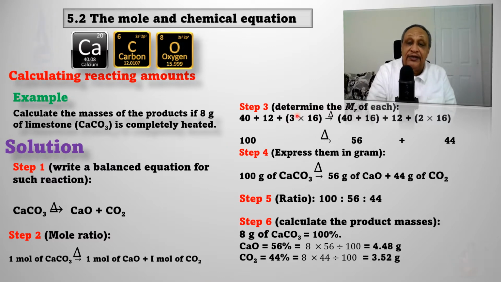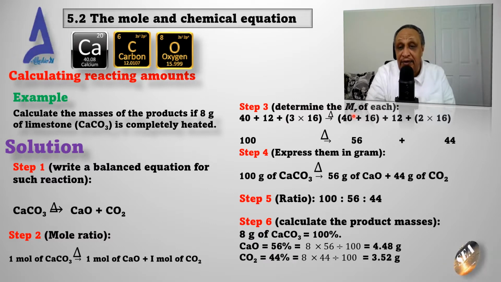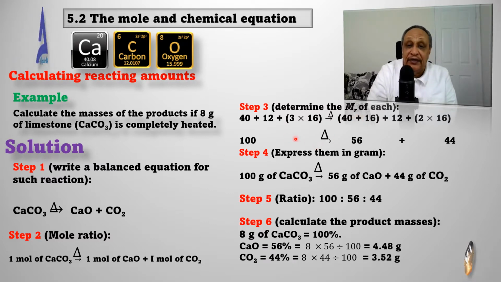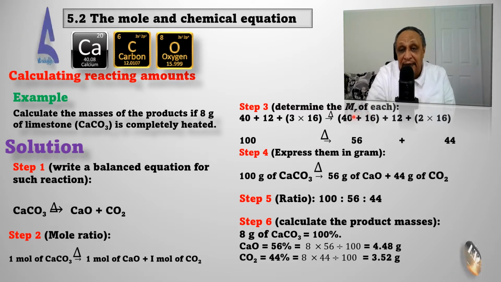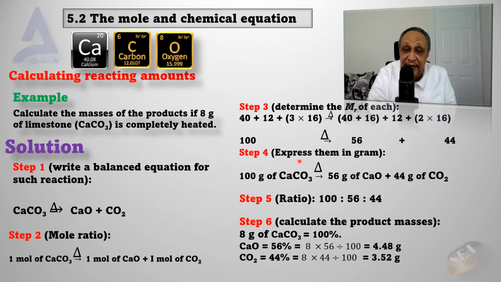Then we are going to determine the relative molecular mass of each formula. Then it's going to be this way: it is 100, as we said last time, to 56 to 44. I'm going to express this in grams, so each is 100.